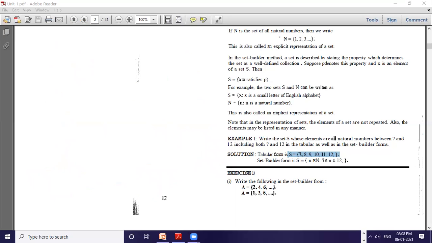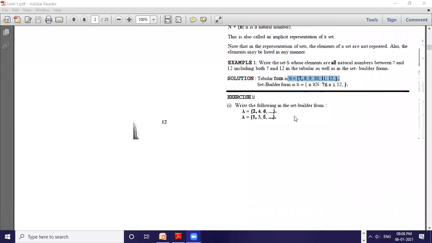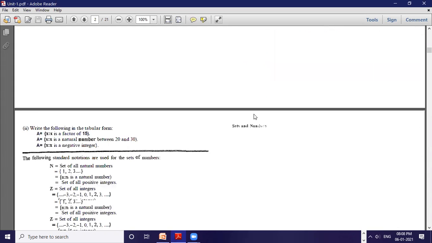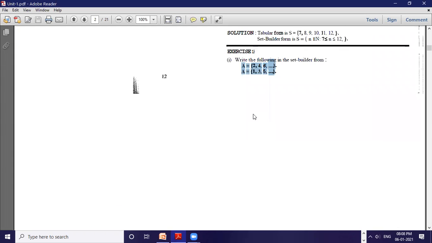Now, one more: write the following in set builder form. दिया हुआ है A is equal to {2, 4, 6, ...} and A is equal to {1, 3, 5, ...}. I hope you can write this, do it, and put your answer in the comment box. I'll go through it.